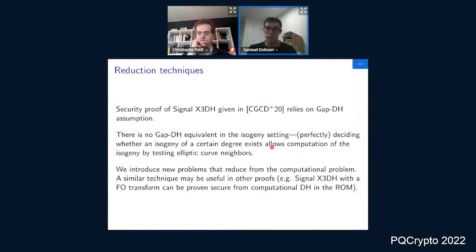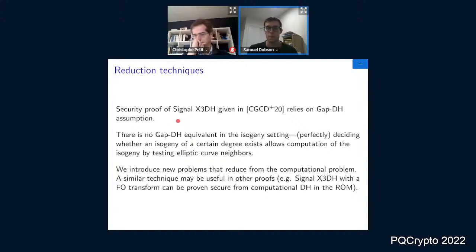And then we've also introduced some new reduction techniques to prove the security of our protocol based on computational assumptions, because there's no gap Diffie-Hellman assumption in the isogeny setting. If you can decide whether an isogeny of the correct degree exists, then you can use that decisional oracle to actually recover the secret.